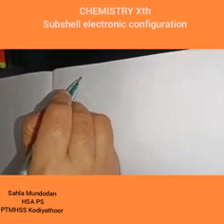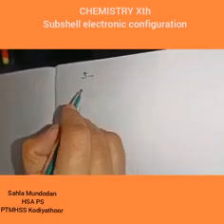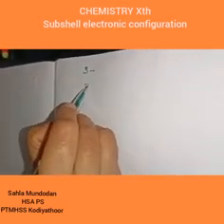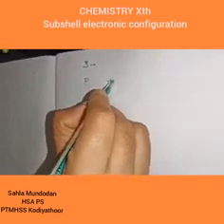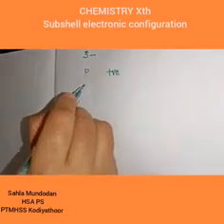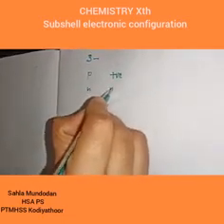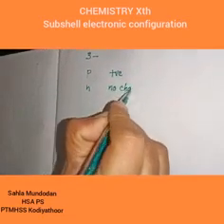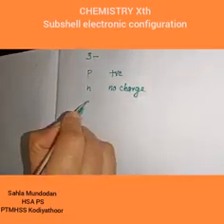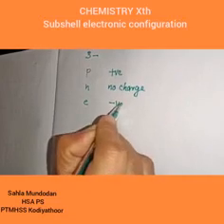We know an atom consists of 3 fundamental particles. First one, proton having positive charge. Then neutron having no charge. Then electron having negative charge.